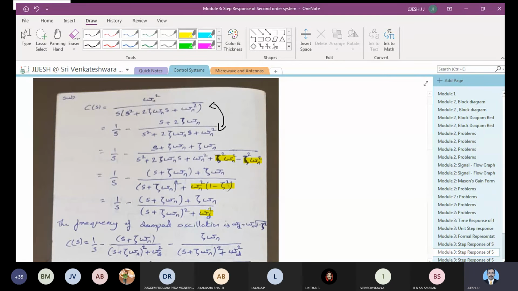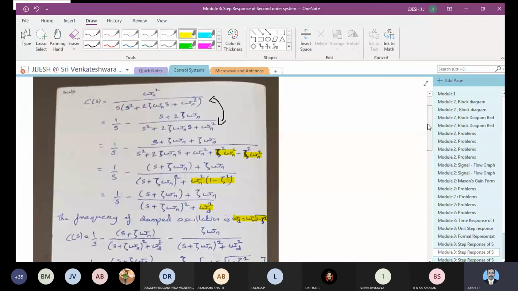I can write omega d is equal to this one and the same. So omega d is called the damped oscillation frequency, and omega d square is equal to omega n square into 1 minus zeta square. Till here you write it first, then we will continue further.